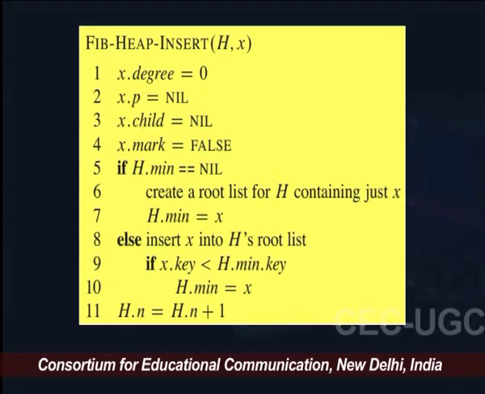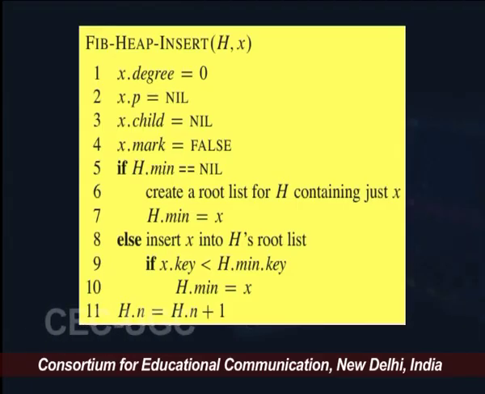Otherwise, if the heap is already in existence, we can insert x into the root list of h, and if the existing minimum key is greater than the key of x, then we need to assign h dot min as x, because that is now the minimum key. If it is not like this, then there is no need to disturb the h dot min pointer.